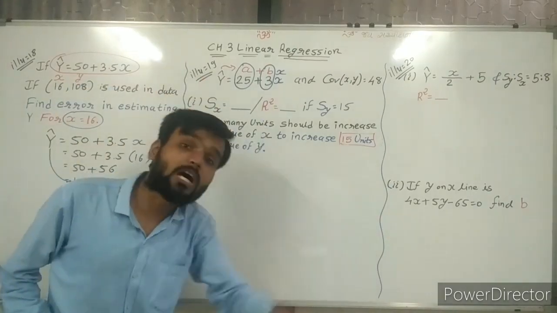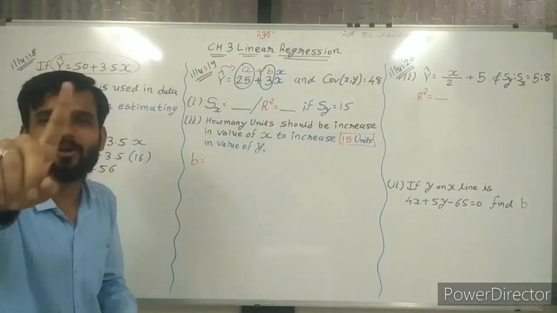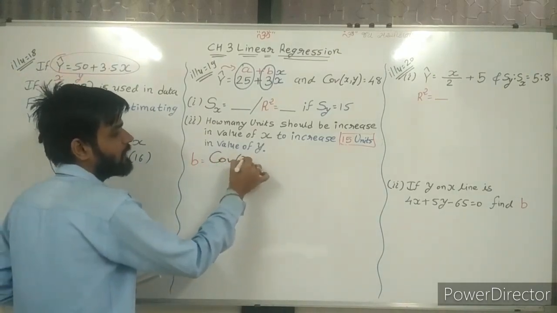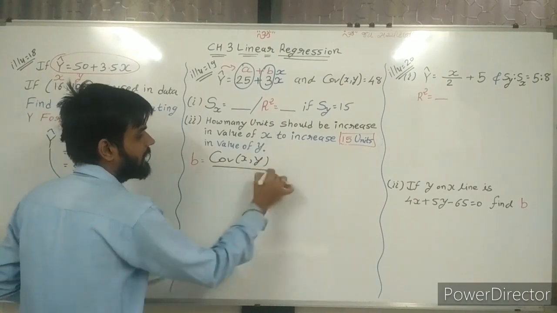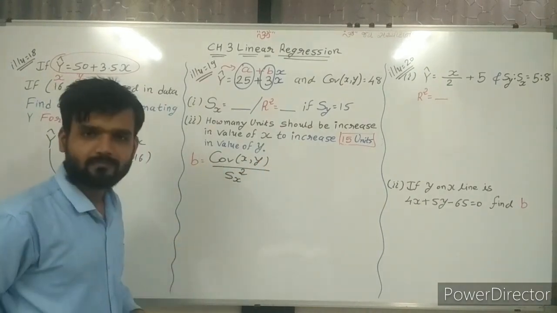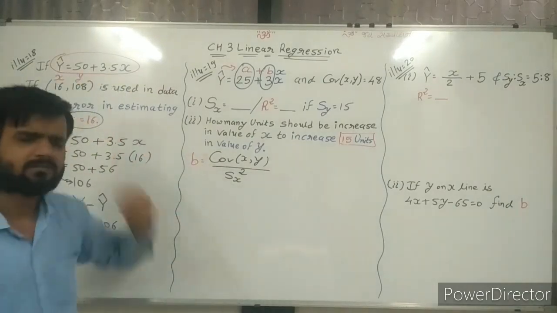Which is that formula? Sir, only one formula is there: b equals covariance of xy divided by Sx square. That was the formula. Simple.